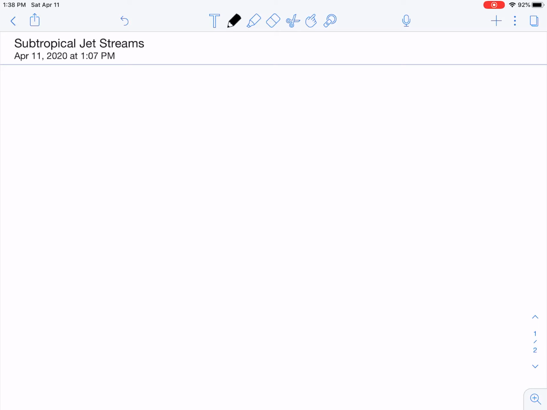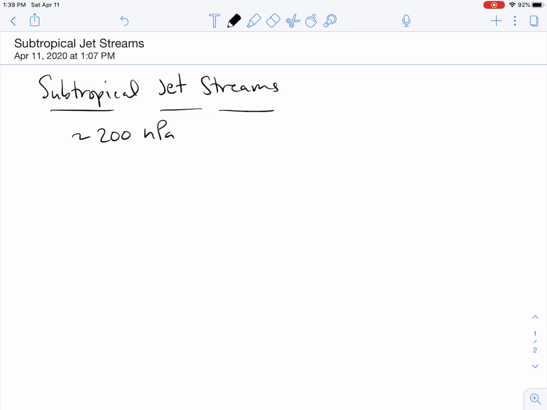First and foremost, subtropical jet streams are typically around 200 hectopascals, a bit higher typically than our polar jet streams. This is because they are typically further to the south, i.e. the name subtropical.